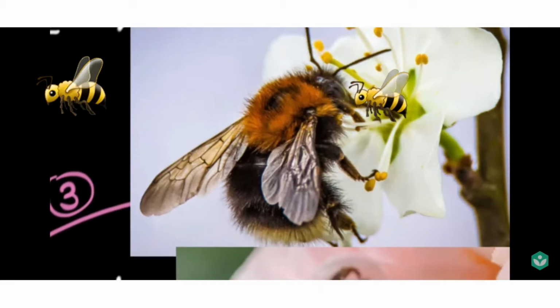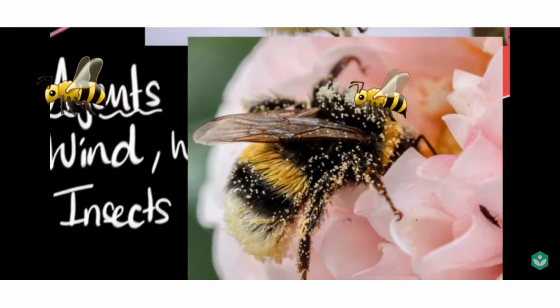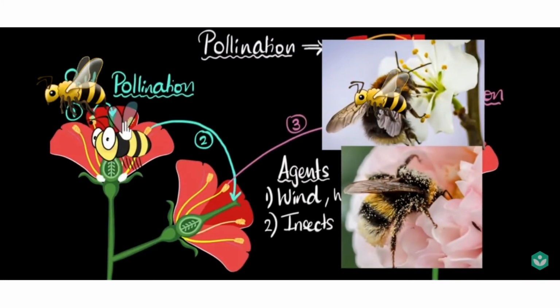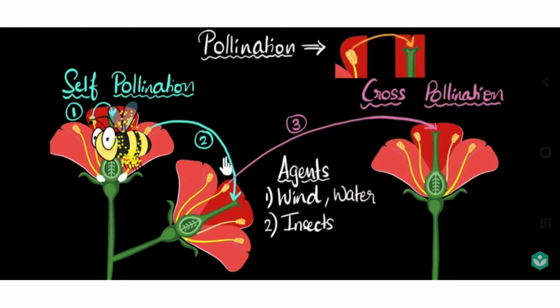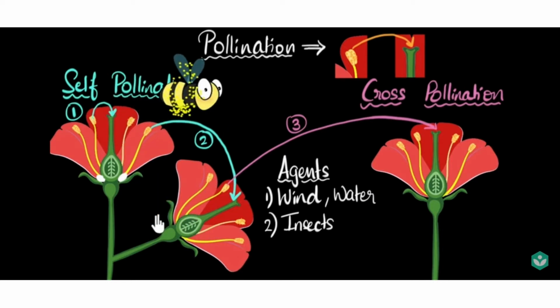It will stick to their body like this. And when they go to the next flower with this, these pollens will stick to the stigma, that is the sticky structure of the female reproductive part. That's how pollination is occurring through the insects. Understood?